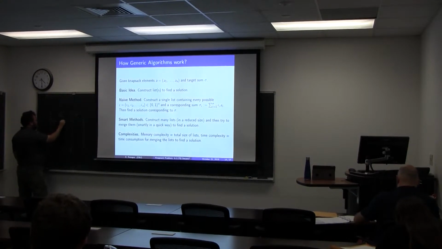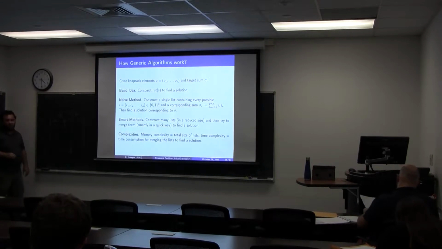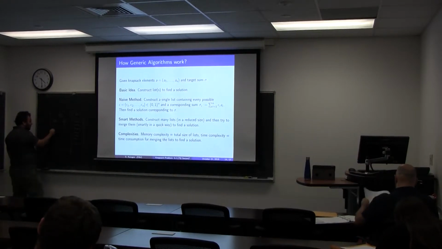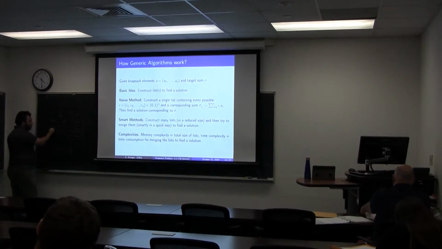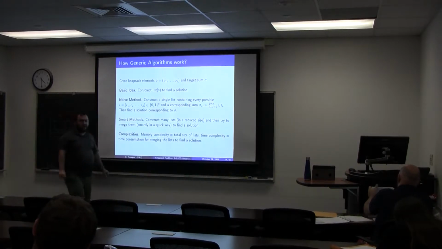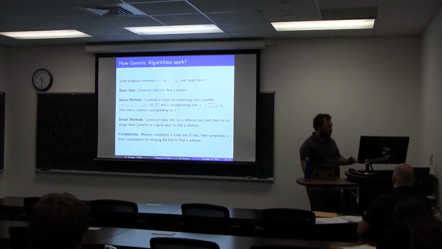You start with all zeros, all the possible binary vectors, and compute the corresponding sigma, and you know that your exact solution is one of these, right? But the size of this list is 2 to the n. So this idea is not so good.